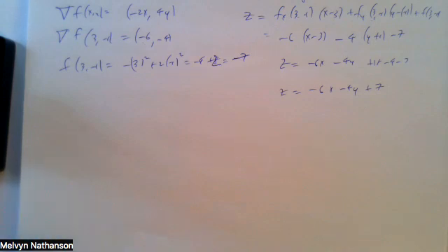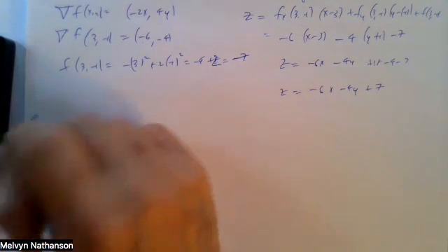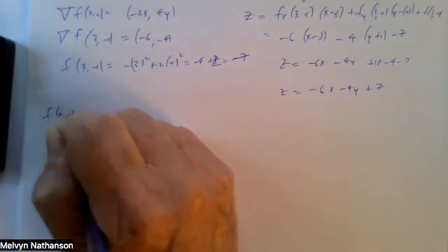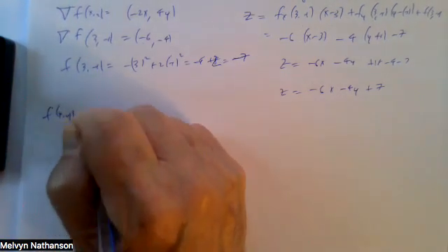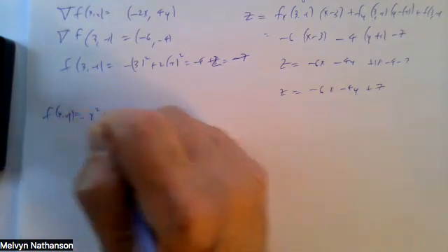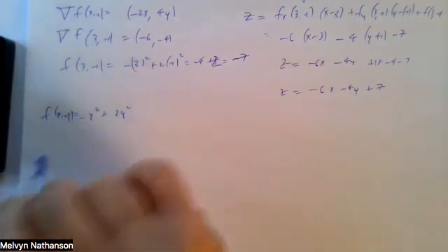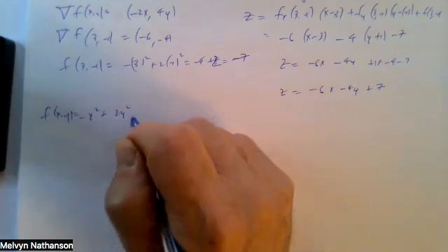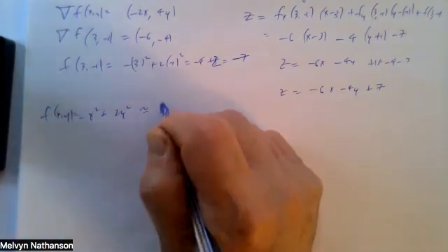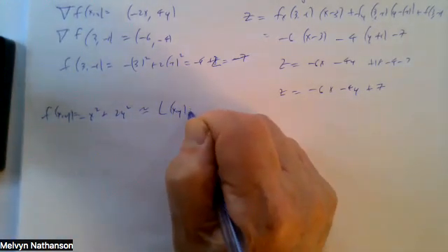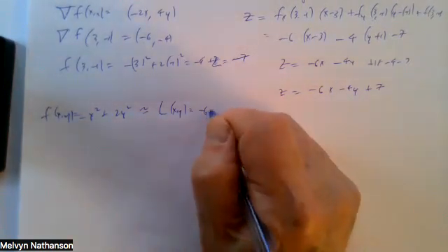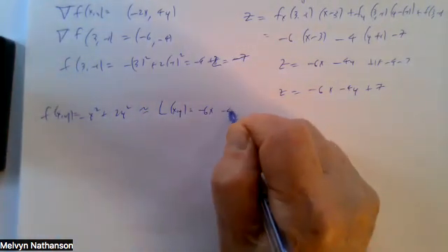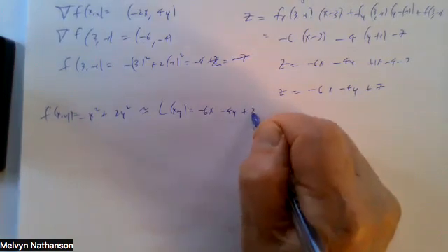So that is the tangent plane. So f of x, y, minus x squared plus 2y squared, is approximately, let's call it L of x, y, which is minus 6x minus 4y plus 7.